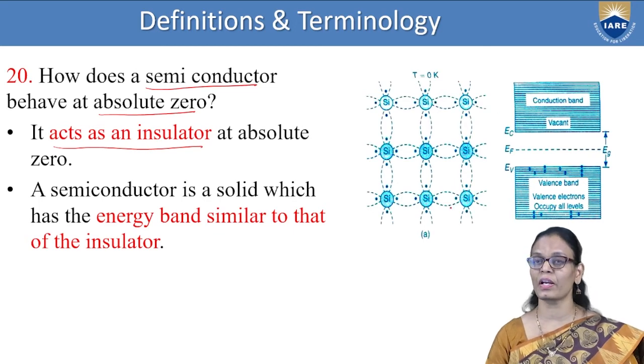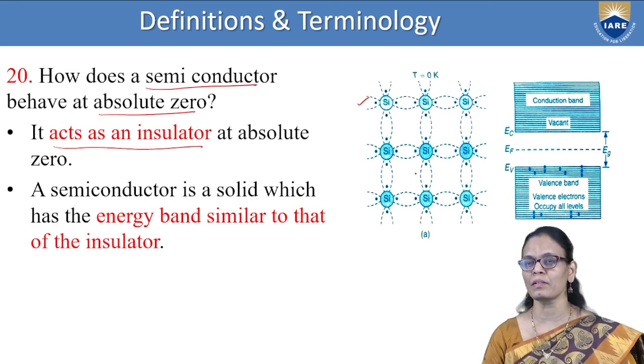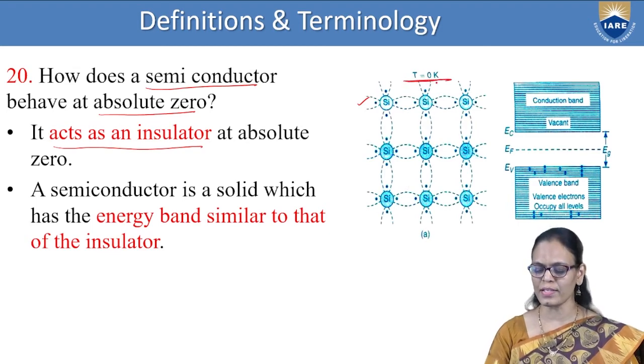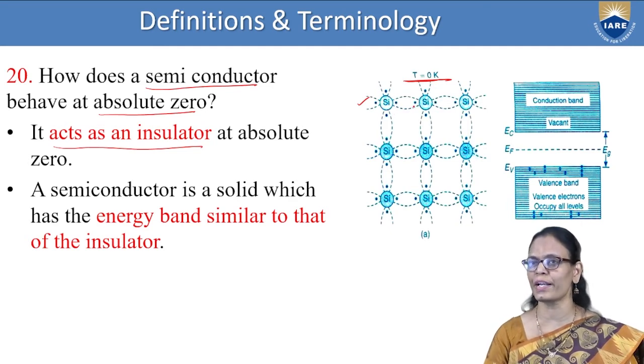If you see the figure here, we are taking a pure semiconductor, silicon. You can see nine silicon atoms represented. This is at 0 Kelvin. At 0 Kelvin, these silicon atoms are bound with their neighboring atoms. The electrons of one silicon form covalent bonds with the neighboring atoms because they have only 4 electrons.